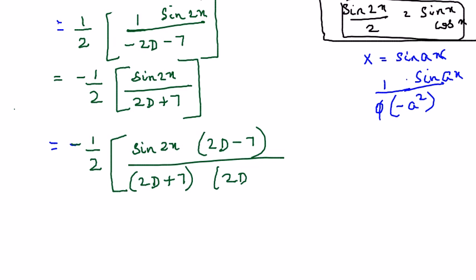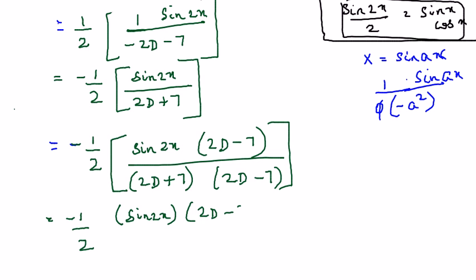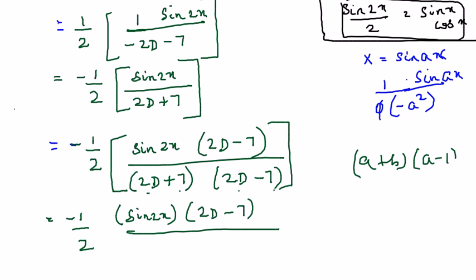So my numerator becomes minus 1 by 2 into sine 2x into 2d minus 7, and my denominator becomes, this is nothing but the form a plus b into a minus b. You know that a plus b into a minus b is equal to a squared minus b squared. So substituting that same formula here, this becomes 4d squared minus 49.